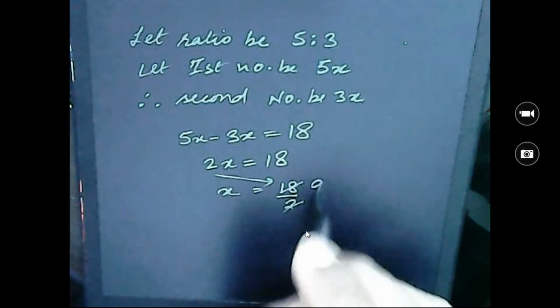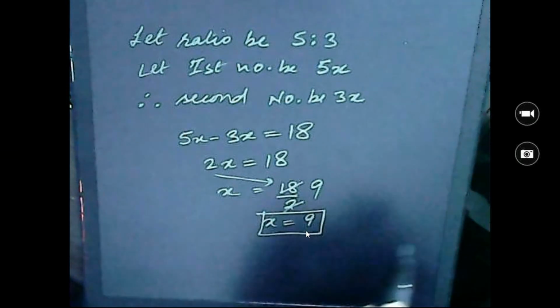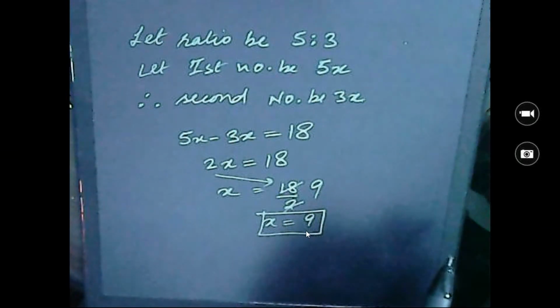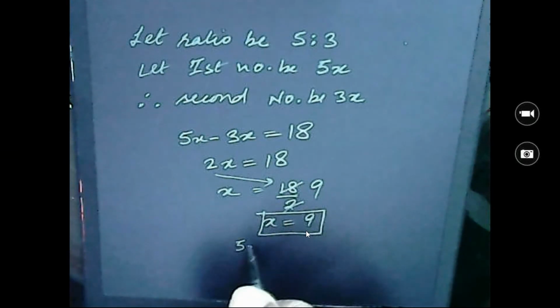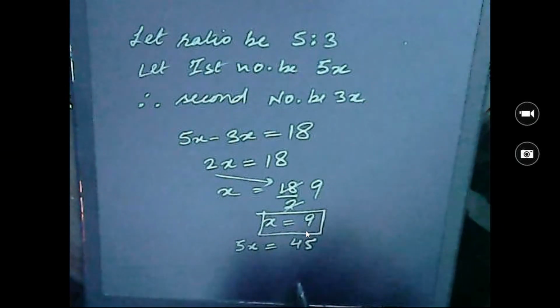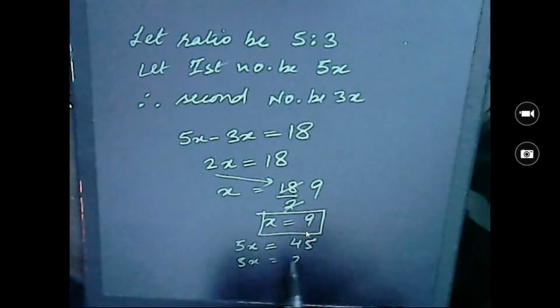It will become 2 nines are 18. So the output of x will be x equal to 9. Right? So this x equal to 9. So the first number you will be getting is 5x, that is 45. Okay? And 3x, that is 27.